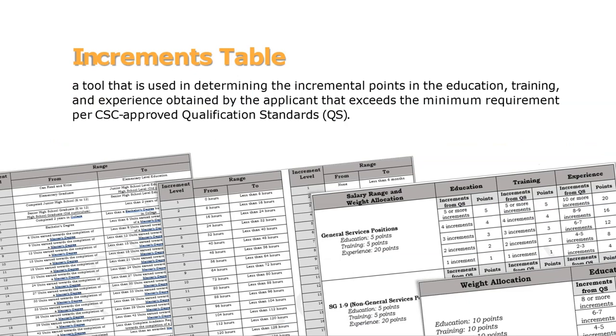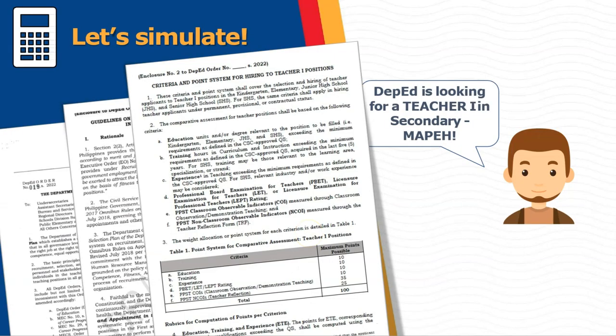We will be using an increments table, which would determine the incremental points in education, training, and experience obtained by the applicant that exceeds the minimum requirement per Civil Service Commission approved qualification standards. To illustrate, we will have a simulation of how the increments table will be used.